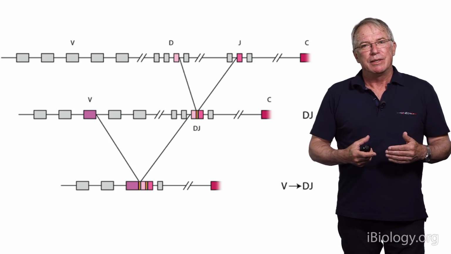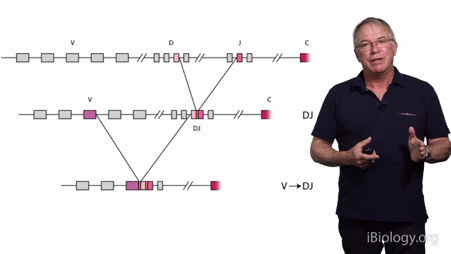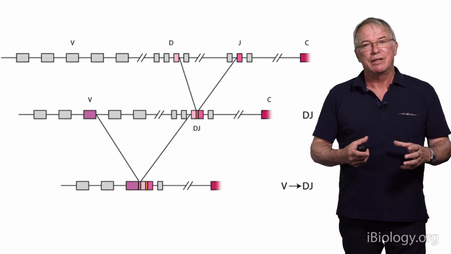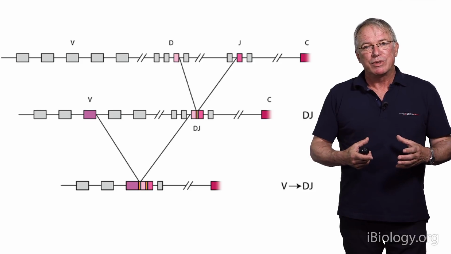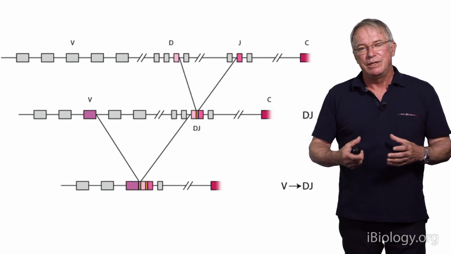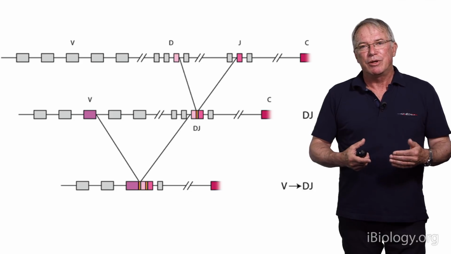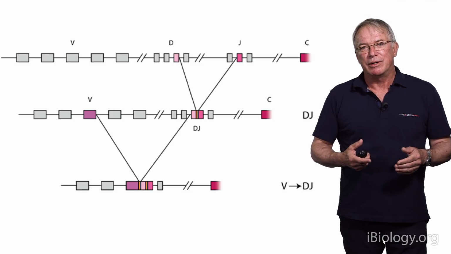And as you might imagine, if you disrupt a reading frame, you have what is called a non-productive rearrangement. If you add multiple nucleotides, you can affect the primary structure of the final product. And so this imprecision in the course of V, D, and J rearrangement contributes to diversity of the final product.